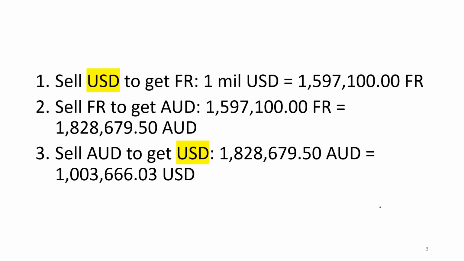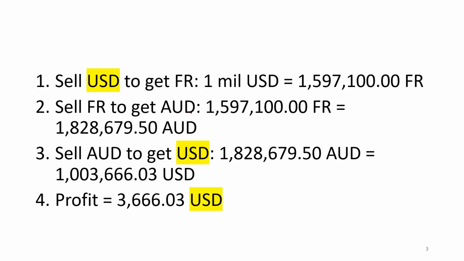Here I'm just going to list out all the transactions. As we mentioned before, the final profit is a 3,600 something USD figure. We started with the USD, we end with the USD.